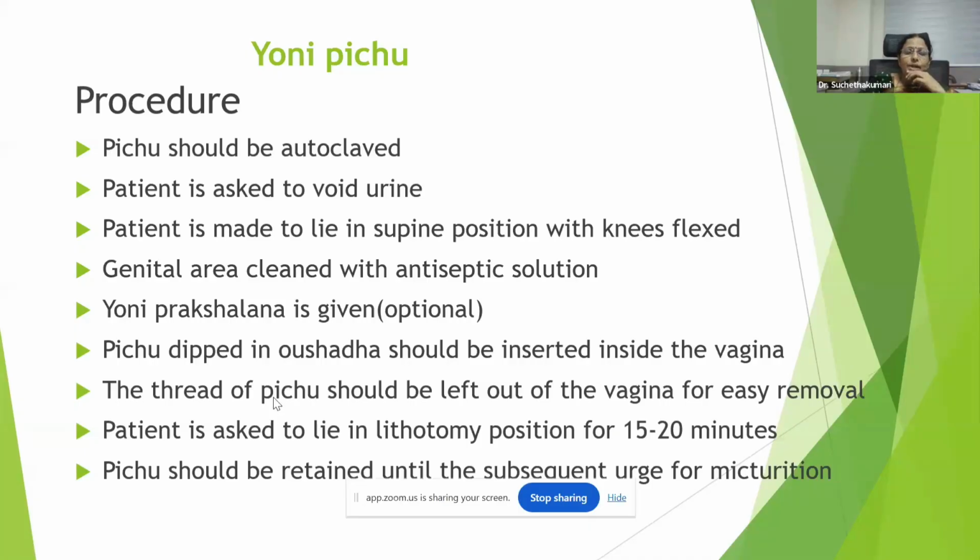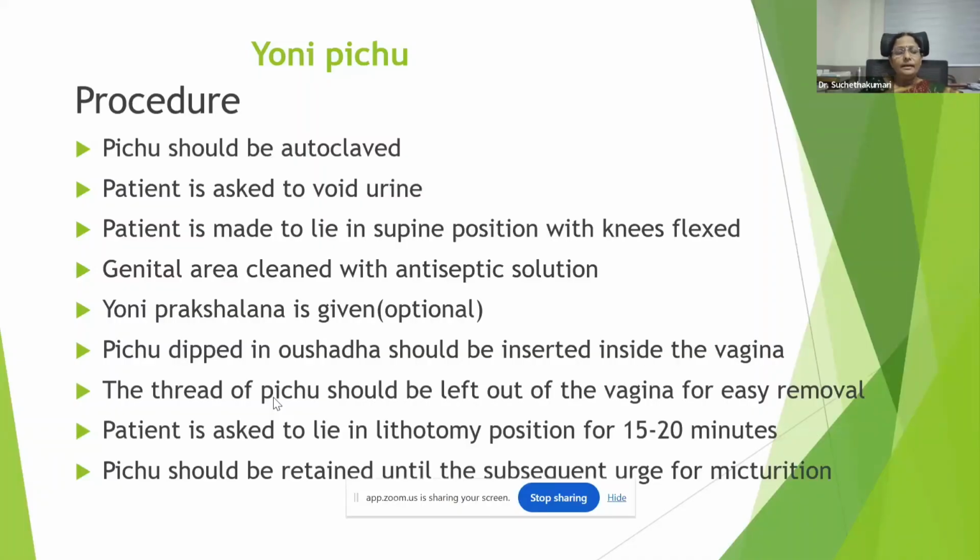Then the patient should avoid the urine. For all the Sthanika Chikitsas, we have to give the Sthanika Chikitsa after the patient has passed urine, and the patient is made to sleep in the supine position, and the genital area is cleaned with the antiseptic solution, and yoni prakshalana is given. So this is optional.